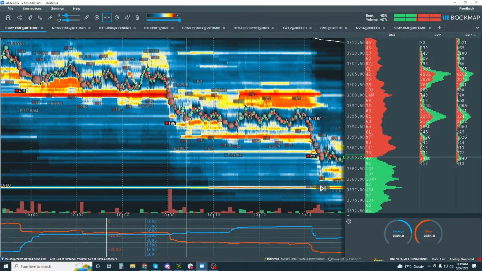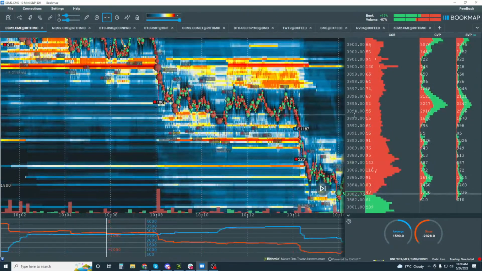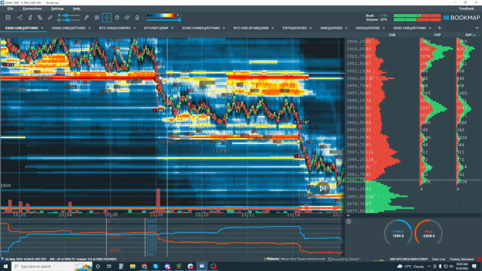Okay, and the structure, the next thing to take a look at is the structure, and within that structure, the volume, and also the context of the order book. Now, this is in hindsight, but I didn't cover this part on the liquidity heat map, but let's just go through the checklist here.